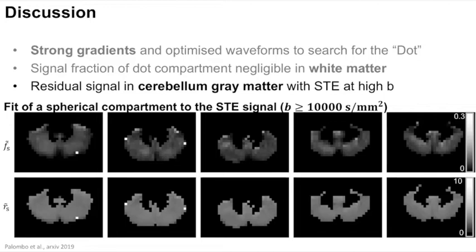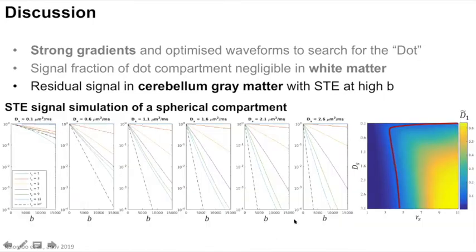So it could be that, and that's actually shown in this next slide, if you forward simulate signals from a spherical compartment with different diffusivities and different radii, and we found an apparent diffusivity of about 0.1, so that's this red line here, then you can explain the same signal with a spherical compartment that has around this radius, or a very low intrinsic diffusivity inside the cell, so there might be a high viscosity.